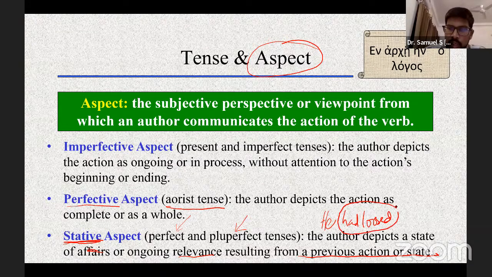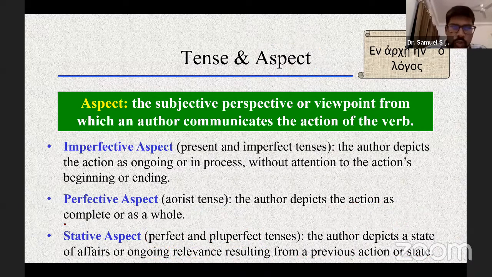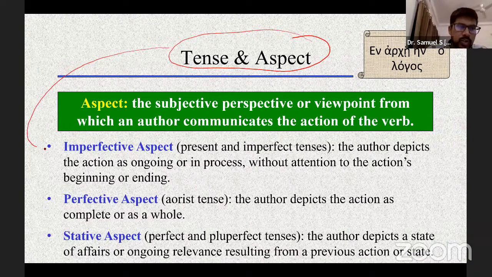In English, we don't really have this idea that there is a relevance resulting from this loosing. But when you see these two tense forms in the Greek, perfect or pluperfect, they are communicating that there is an ongoing relevance. Something has happened, the loosing took place, and there is a relevance to it. This is a very, very important thing that we need to understand, so please take your time and digest this.